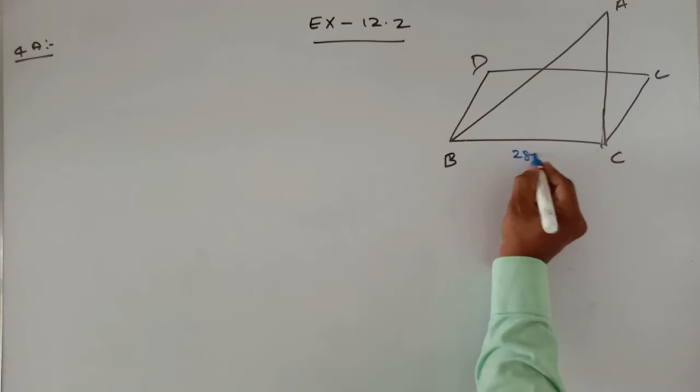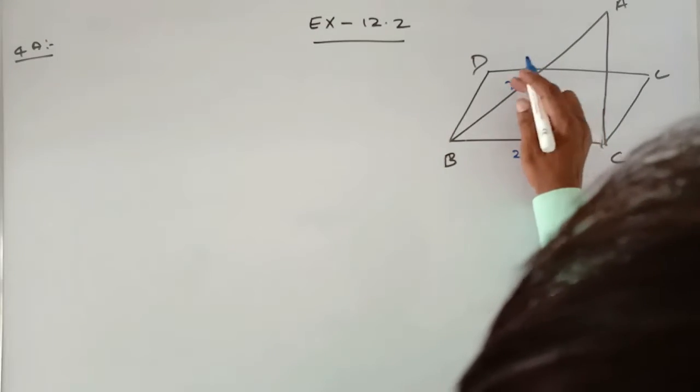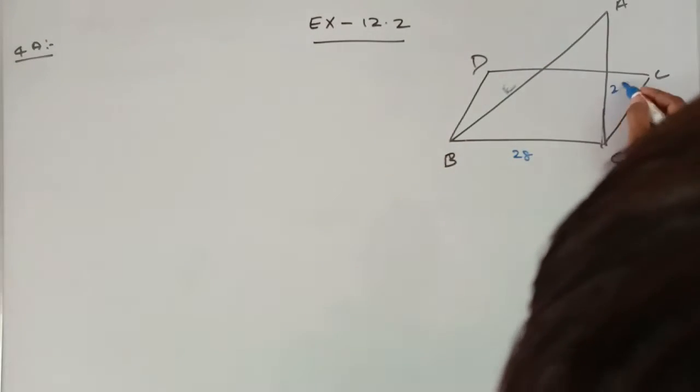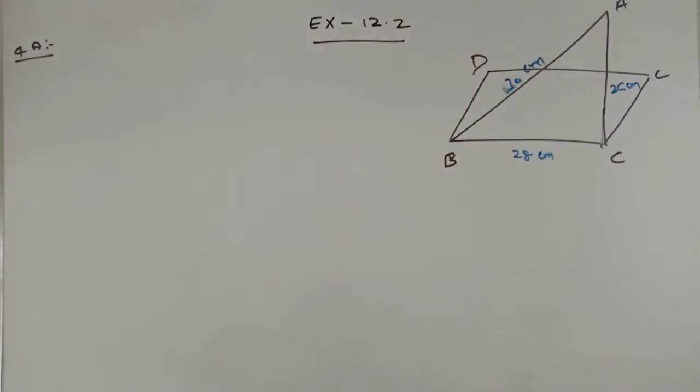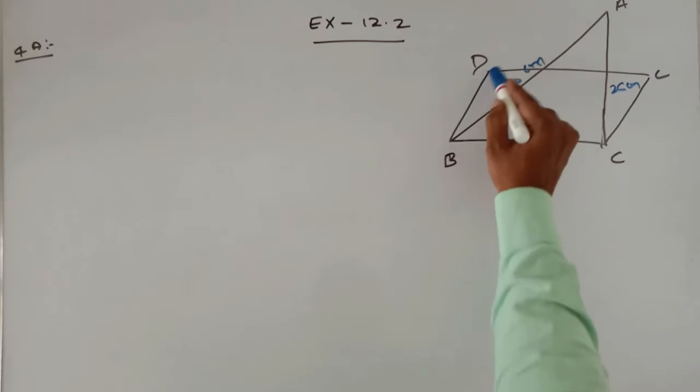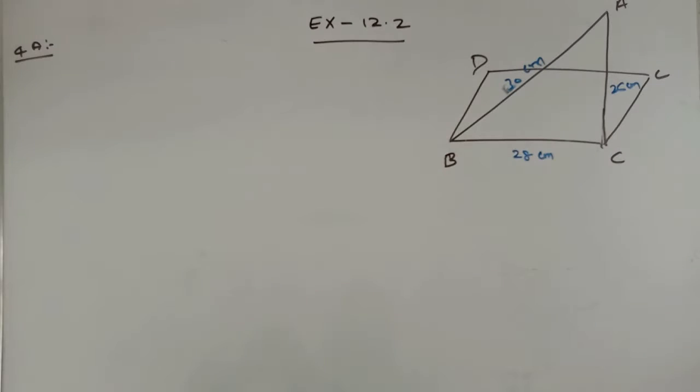So this length is 28, and the other sides are 26 and 30 centimeters. I need to calculate the height, or the distance between the two parallel sides, of the parallelogram.